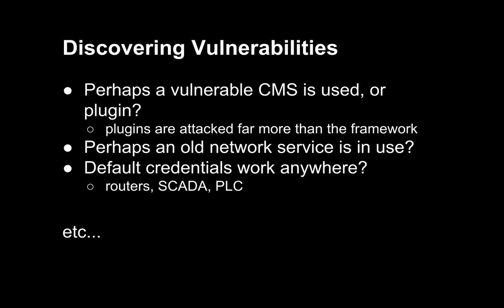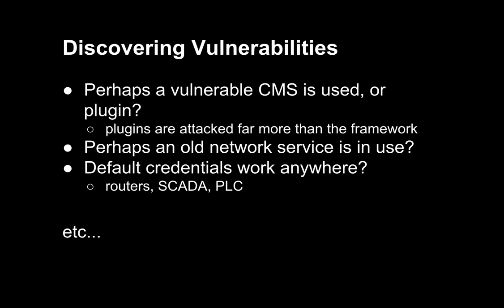And then after you've discovered the attack surface, which dictates the potential attack vectors, you want to find which attack vectors actually have vulnerabilities. All right? So if it's a web server, perhaps it's WordPress or some unupdated Drupal, or they're using a common plugin, those may have vulnerabilities. Or if it's an old network service, or if default login credentials might work.